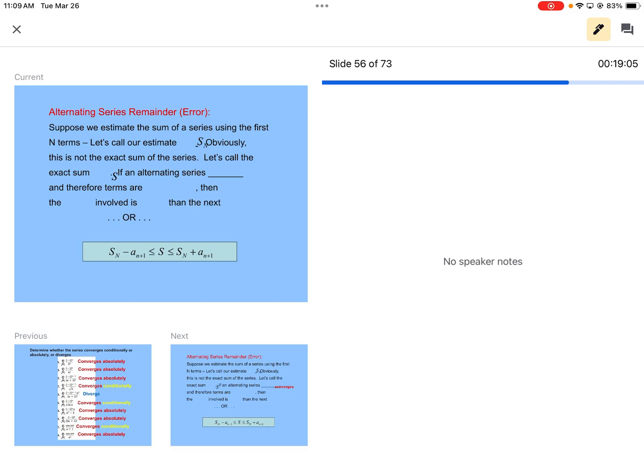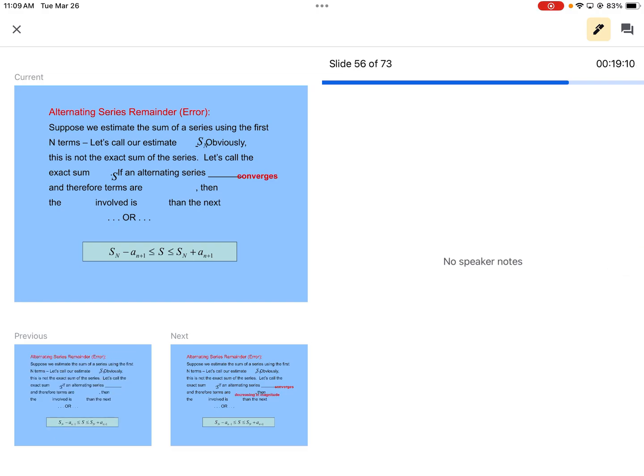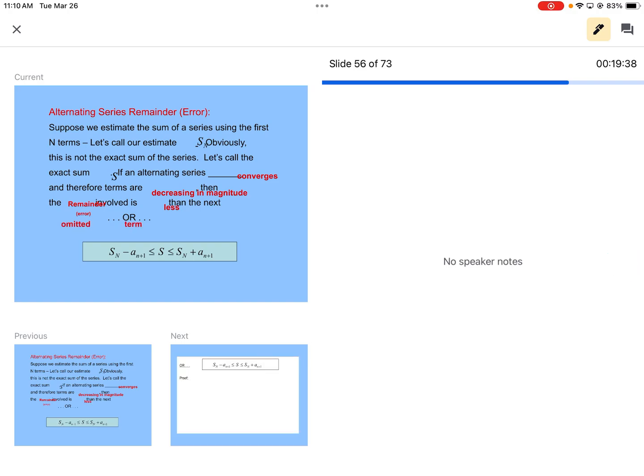So the exact sum would be S. So if an alternating series converges, and therefore the terms are decreasing in magnitude, then what we're going to call the remainder or the error involved is always going to be less than the next omitted term.